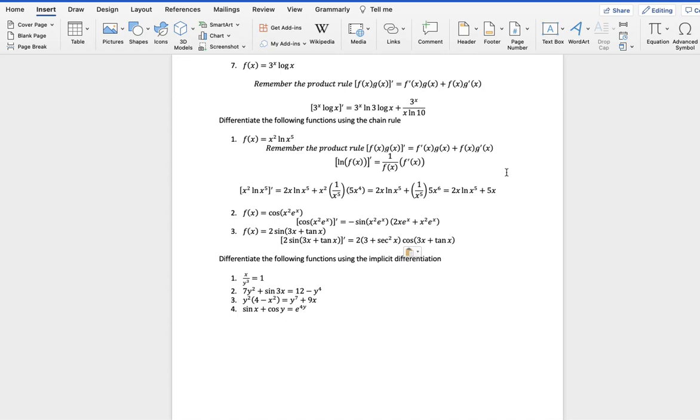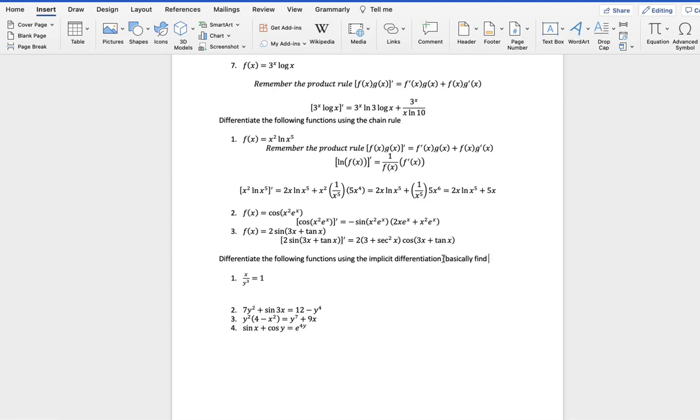You guys have done implicit differentiation, so I want you to attempt the first question and tell me what you get. We're looking for dy over dx, right? Yes, so basically, 1 over.